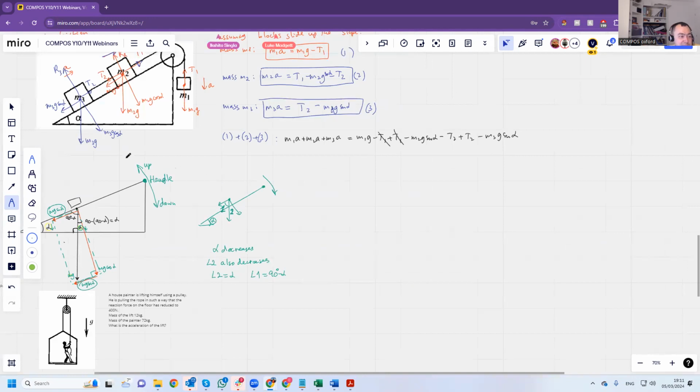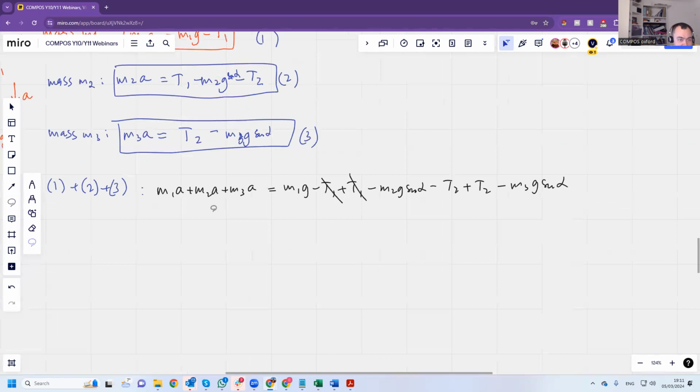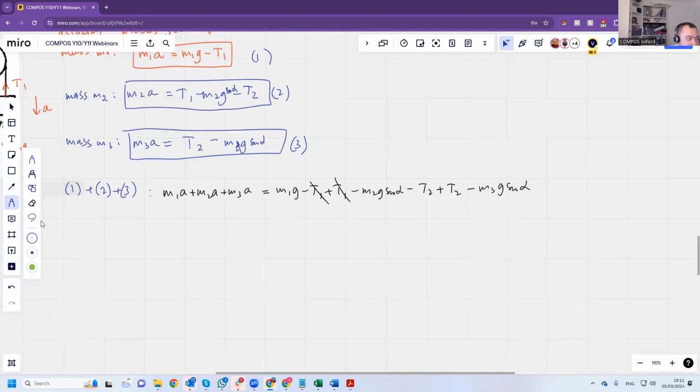Now coming back to our equation, let's finish this. T1 cancels, T2 also cancels, and we're left with acceleration times (m1 plus m2 plus m3) equals m1g minus m2g sine alpha minus m3g sine alpha.